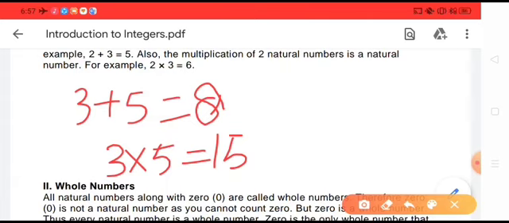It is also a natural number. In everyday life we use counting like 3 men, 4 kites, 28 students. We use only natural numbers.